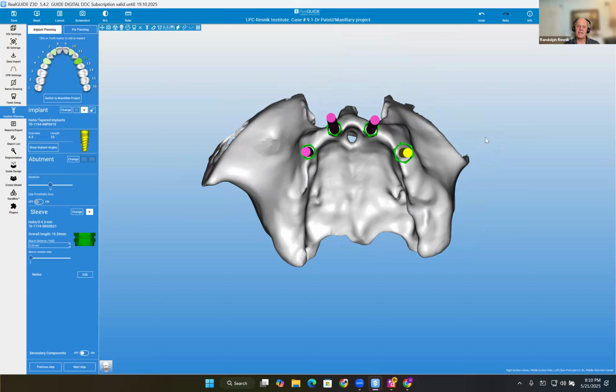The reason is that this maxilla has a very poor bone anatomy, and you're going to need soft tissue support on this. If you try to do an RP4, you're going to have to do extensive bone grafting, not only sinuses, but you're going to have to do ridge augmentation. So I think probably the easiest thing would be RP5, but it has to be a palatal prosthesis.